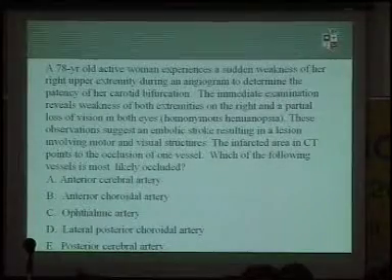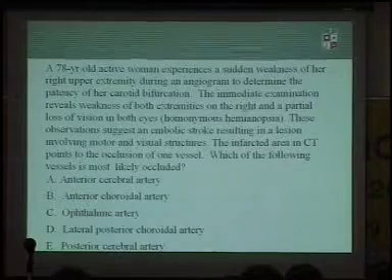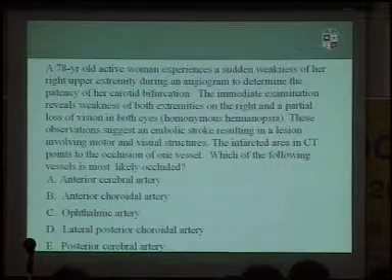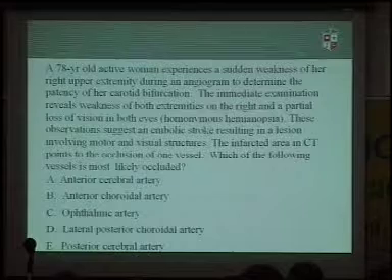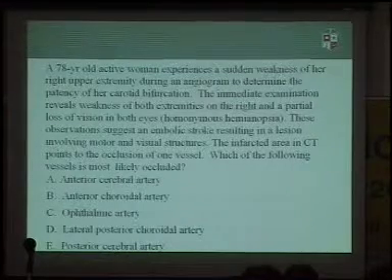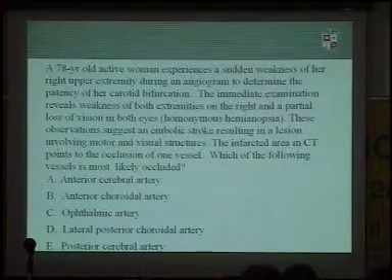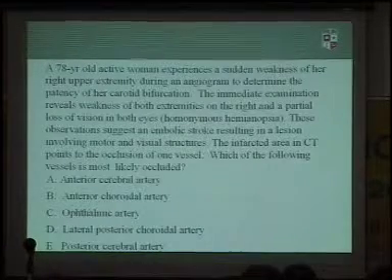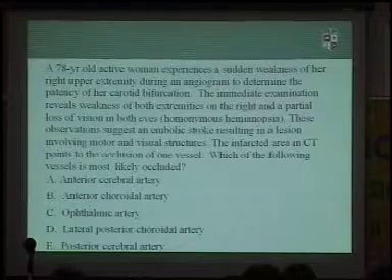A 78-year-old active woman experiences sudden weakness of the right upper extremity during angiogram to determine the patency of her carotid bifurcation. The immediate examination reveals weakness on both extremities on the right and a partial loss of vision in both eyes. Okay, so partial loss in both eyes.